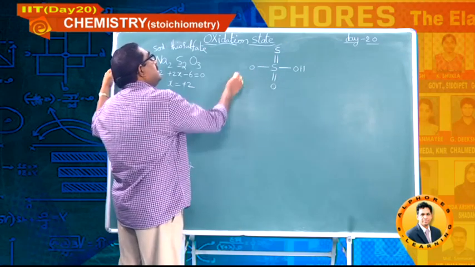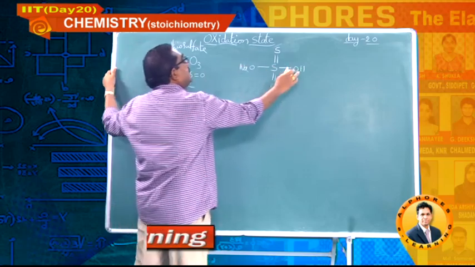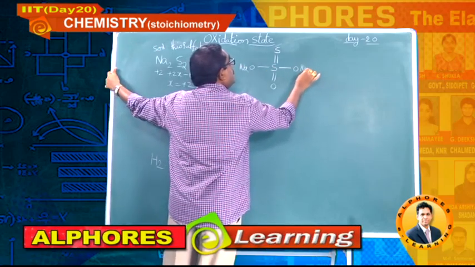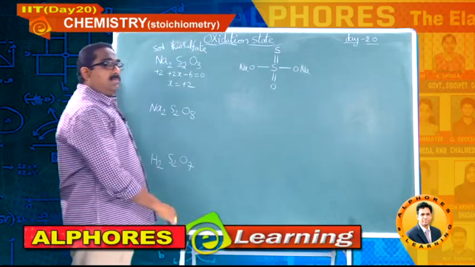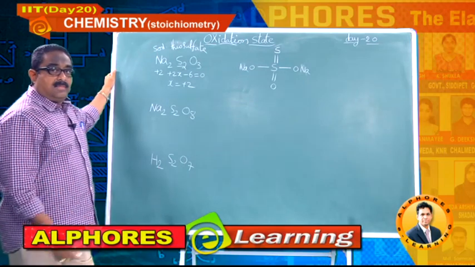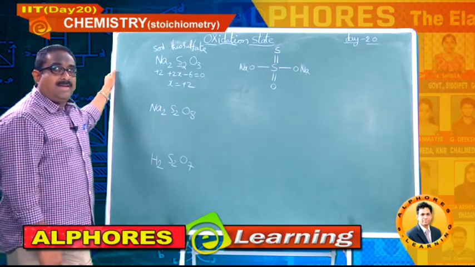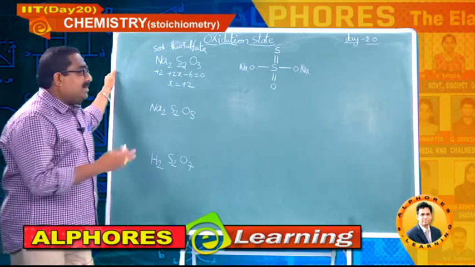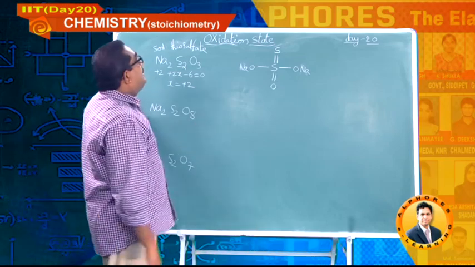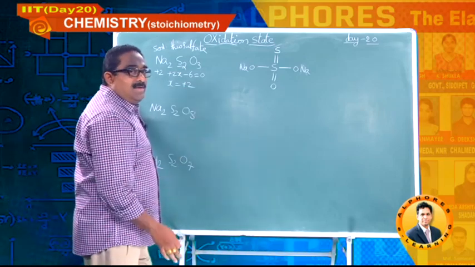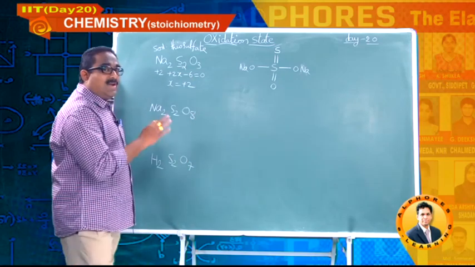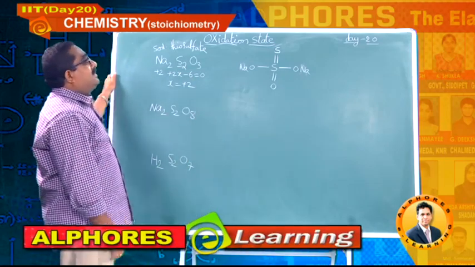Instead of sodium you can also write hydrogen, no problem. If you write hydrogen instead of sodium, it becomes thiosulfuric acid, nothing different, because sodium and hydrogen both have +1 oxidation states.